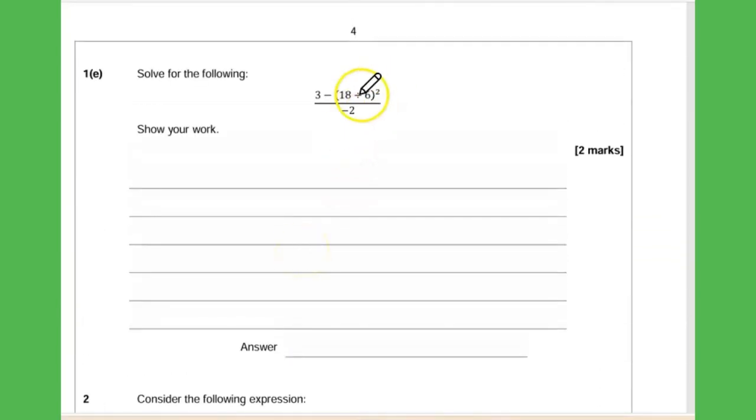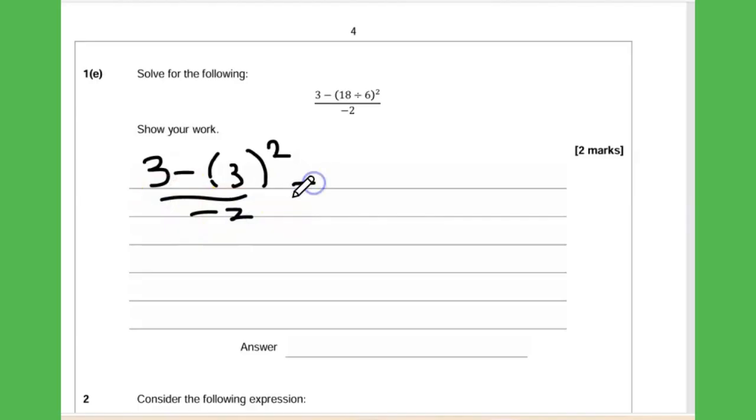We're also going to first of all work with this bracket all the time. If you have a bracket in any expression, you're going to first of all simplify by working with the bracket first. So I'm going to say 18 divided by 6, which will produce 3, then raised to the power of 2, all over negative 2. So what do we do at this point?